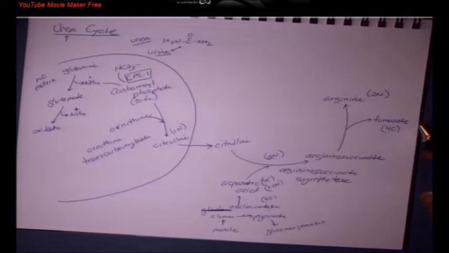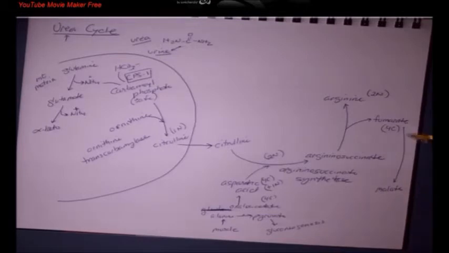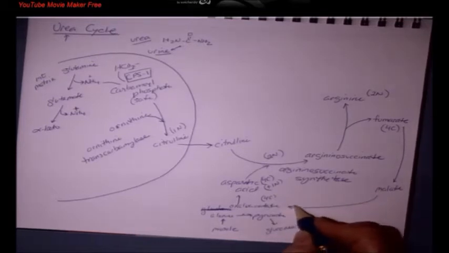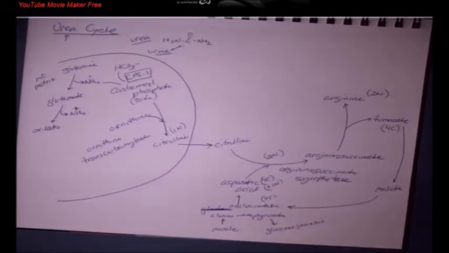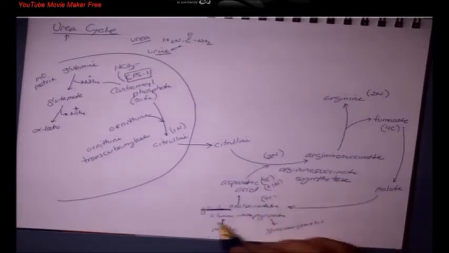Now remember, fumarate is part of the TCA cycle. So what we can do here is we can convert this to malate. That's that normal fumarase reaction. And then the malate can be converted by the malate dehydrogenase back to oxaloacetate so that we can keep the flow of nitrogen coming into the urea cycle.